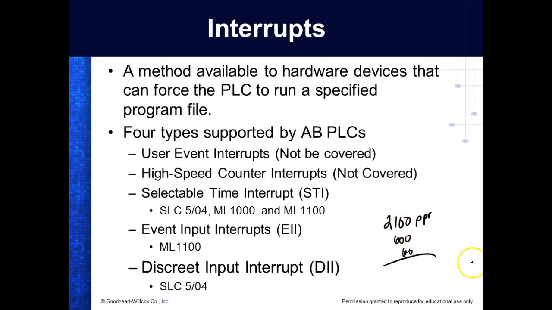What I'm trying to do is count things really fast. The problem they ran into in PLCs a long time ago is that the counters we've used so far are software. Every time I put a counter in my program, I insert a little subroutine that handles that counter, and we give it a counter number.